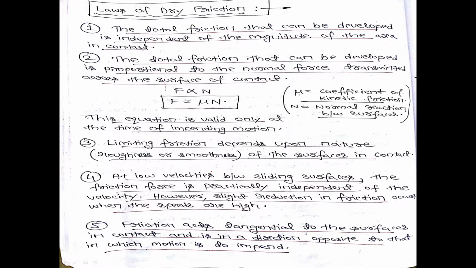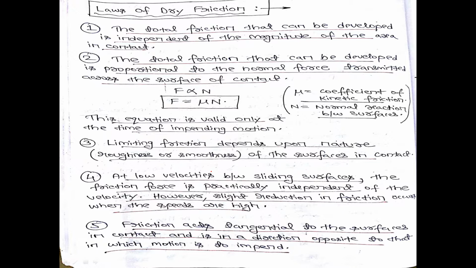That means if we are having two sliding surfaces, you can take an inclined plane with one block on it. If the block slides on that inclined plane, there may be two conditions: either the block is sliding up and down the inclined plane with low velocity, or it is sliding down and up the inclined plane with high velocity.